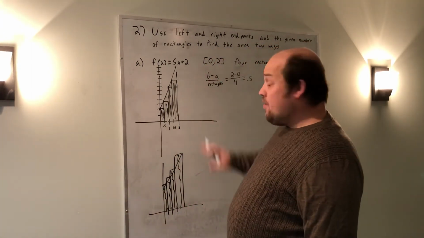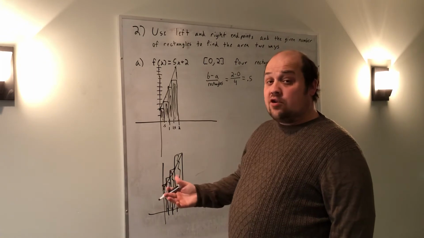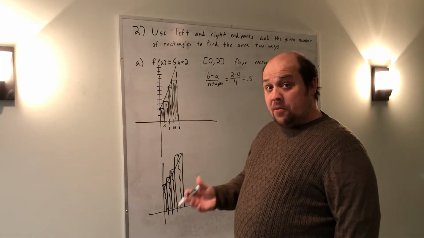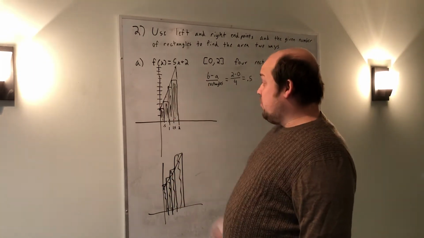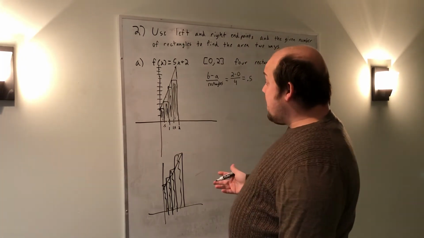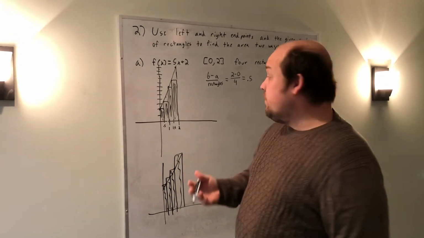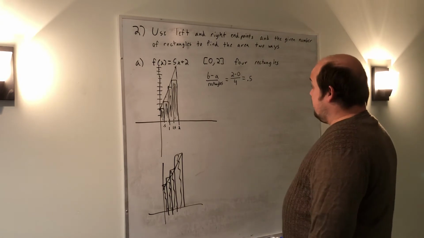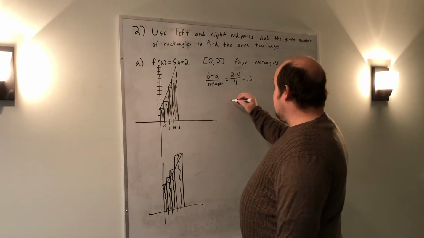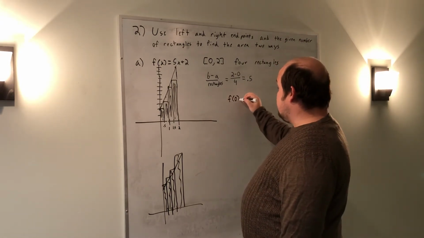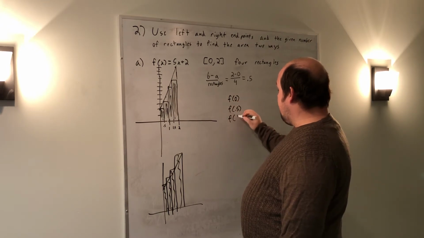Basically, looking at area this way is going to build us towards integration, which is absolutely perfect and gives us exactly what we want under the curve. But the goal for now is to say, how could we do it if we see it in this rectangle method? So what I'm going to need to find is f of 0, f of 0.5, f of 1, and f of 1.5.